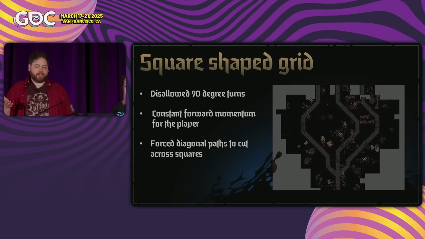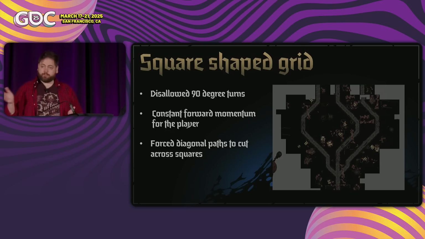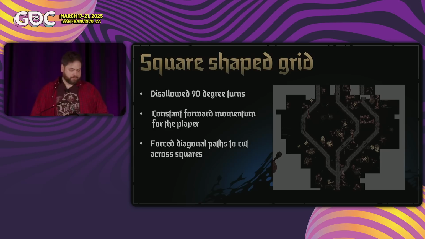Yeah, but then essentially what we needed to remember is that we're masters of our own domain. We're creating this world, and so we can impose rules that we want on it. And so we decided to just programmatically remove the idea that we could turn 90 degrees. So this world is only 45-degree turns or less. This had a bunch of advantages.